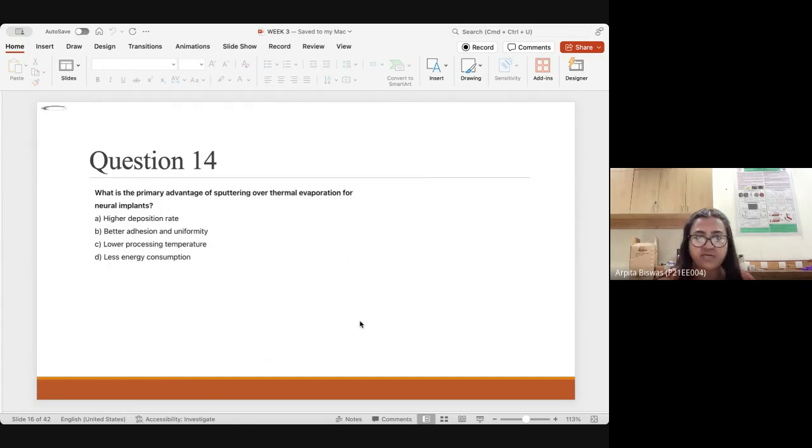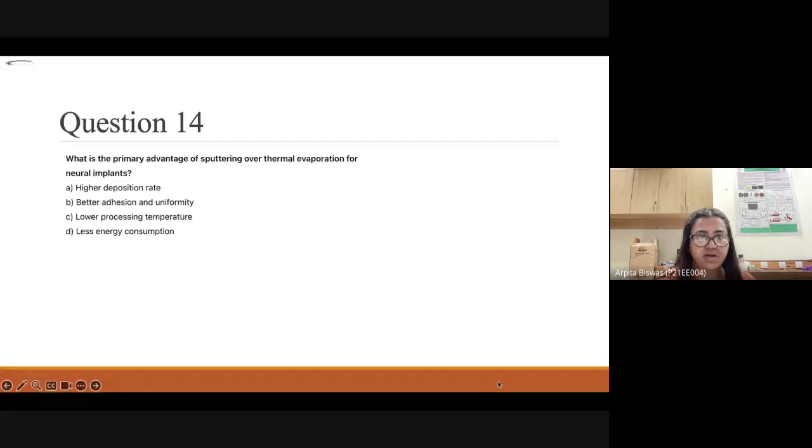What is the primary advantage of sputtering over thermal evaporation for neural implants? First is a higher deposition rate. Second, better adhesion and uniformity. Third is lower processing temperature. And option D is less energy consumption. So go through the question carefully and find the right option.